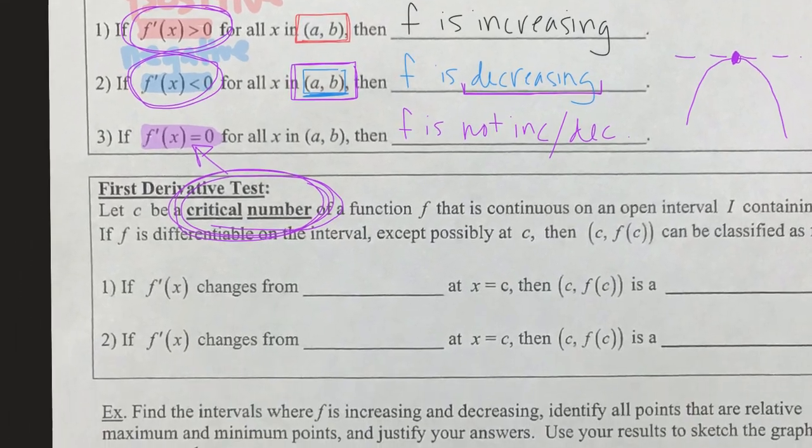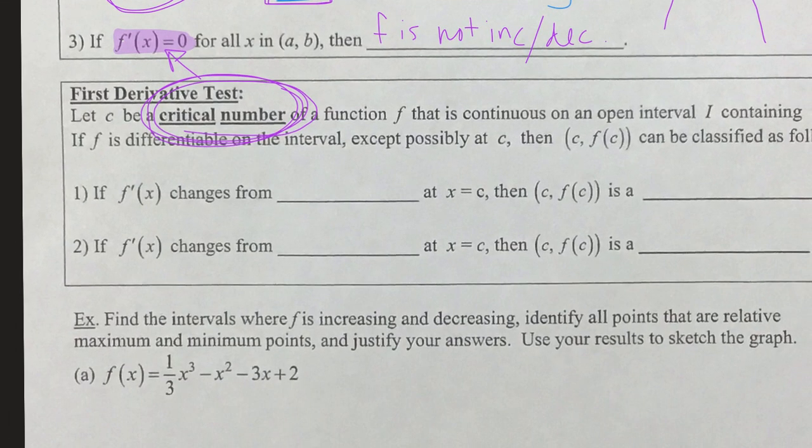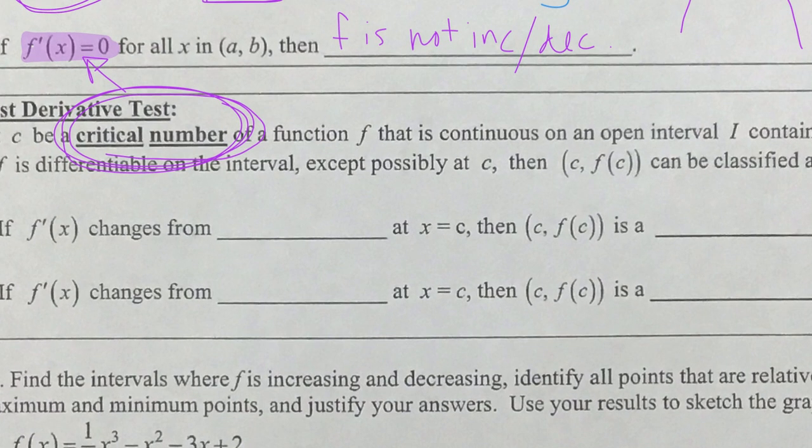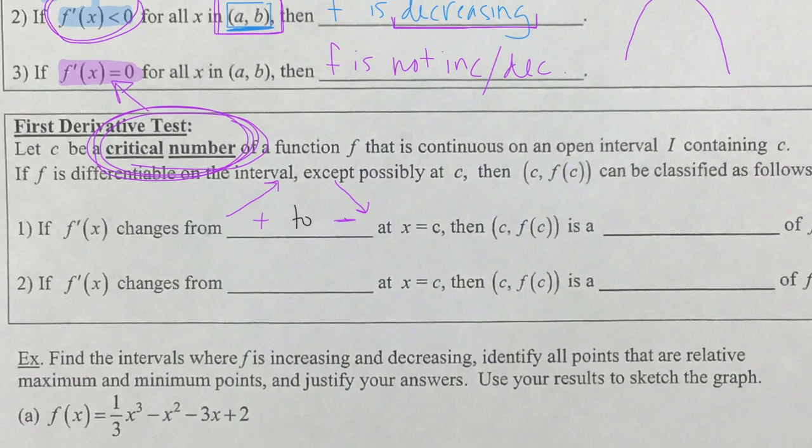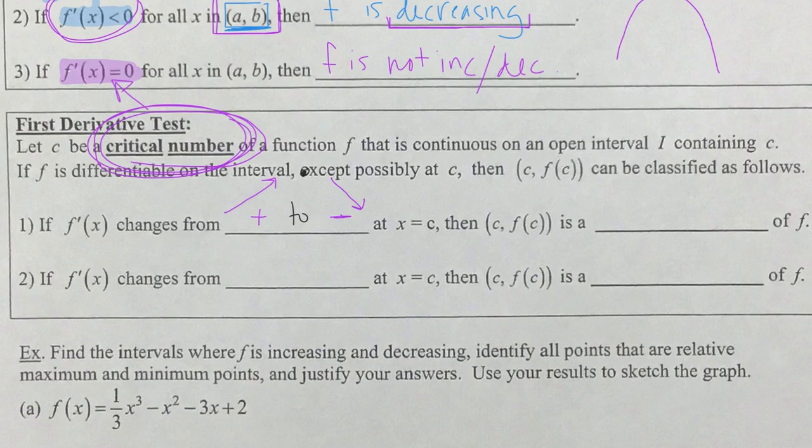Okay, so here's another first derivative test about critical numbers. So we're talking about maxes and minimums now. We're going to use the first derivative test to tell us whether we have a local maximum or a local minimum on a certain interval. So if our derivative changes from positive to negative, what type of point is going to occur when we change from an increasing function to a decreasing function?